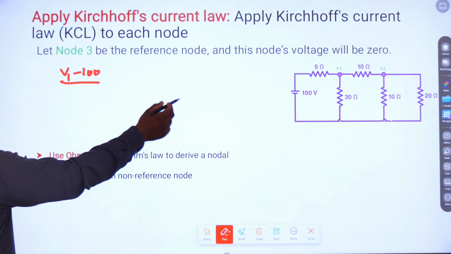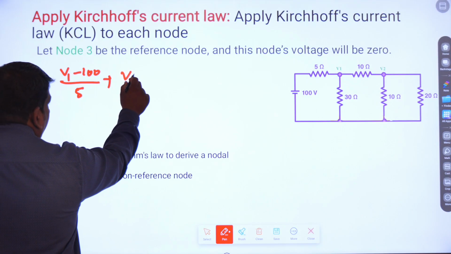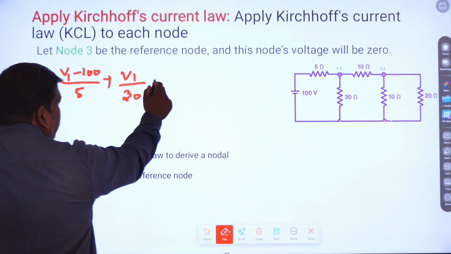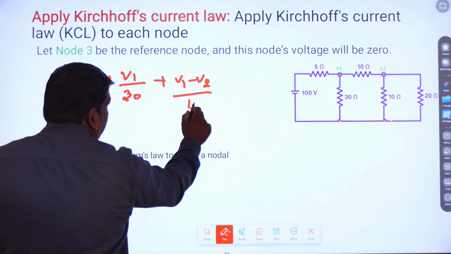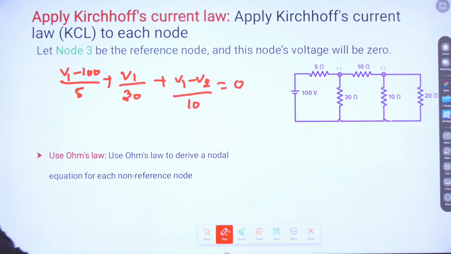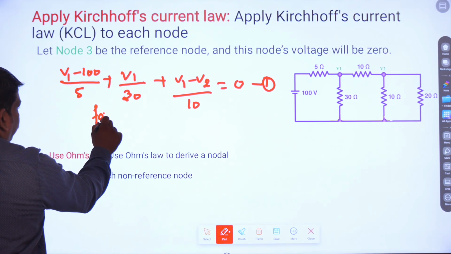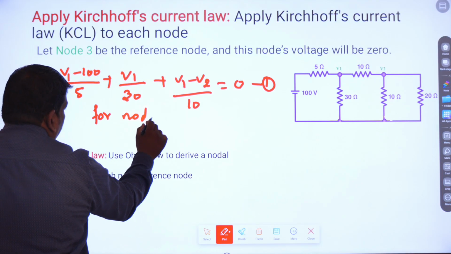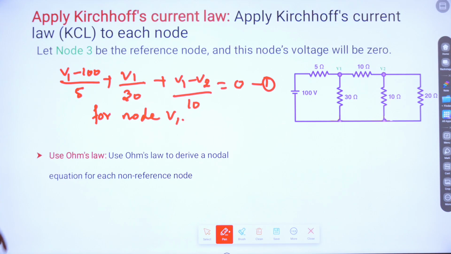V1 minus 100 divided by 5 plus V1 divided by 30 plus V1 minus V2 divided by 10 is equal to 0. This is my first equation for node V1.